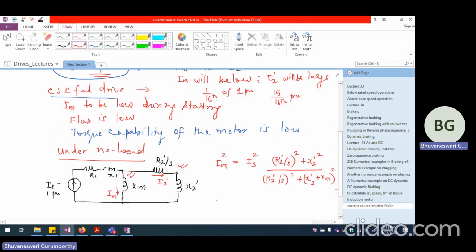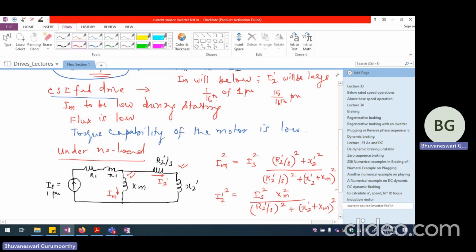The same way I should be able to write I2 dash square will be equal to Is square multiplied by Xm square, because that is the impedance of the other path, divided by R2 dash divided by S the whole square, plus X2 dash plus Xm the whole square.